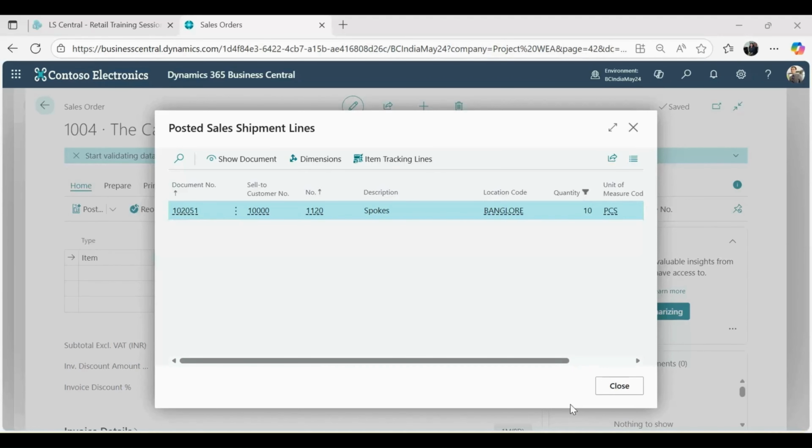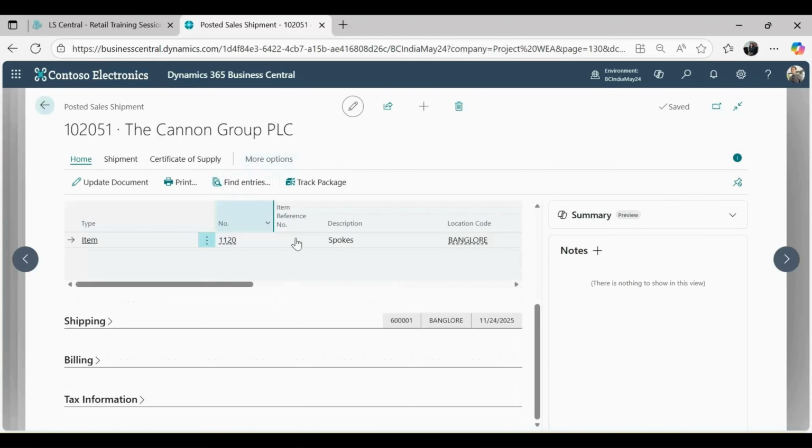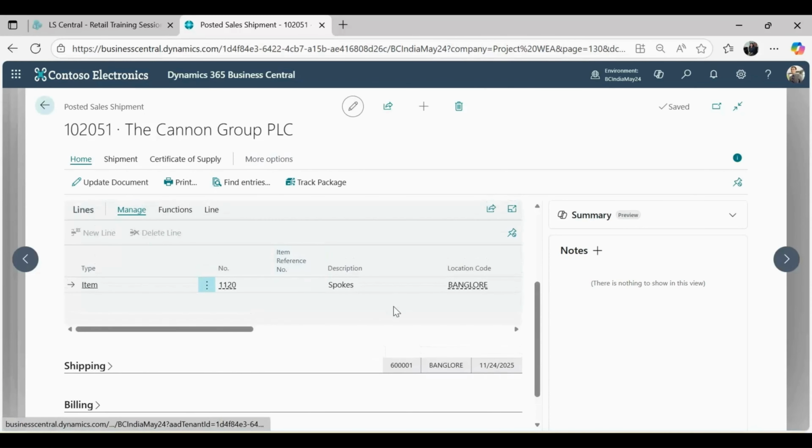Let's look at the posted sales shipment document. If you see here, the system has recorded that I have sold 10 units of spokes to this particular customer. Let's see the entries that are created in the backend on posting the sales shipment.